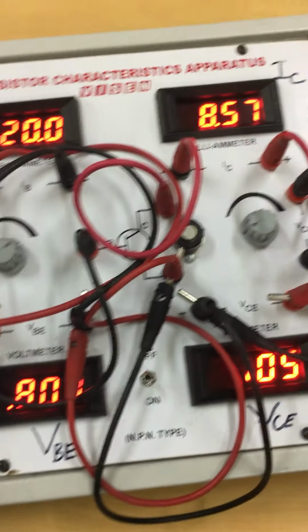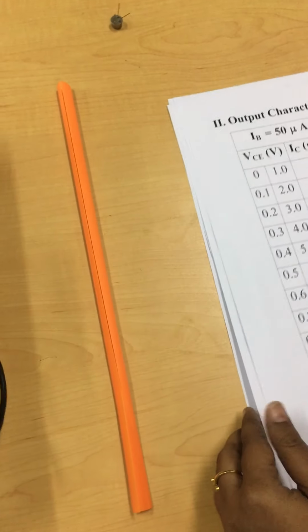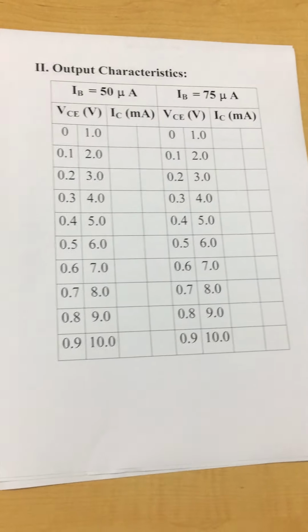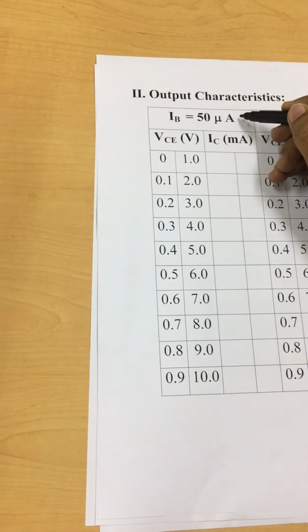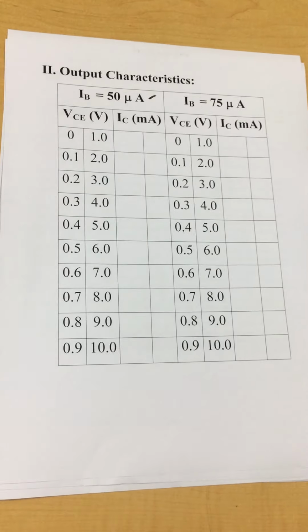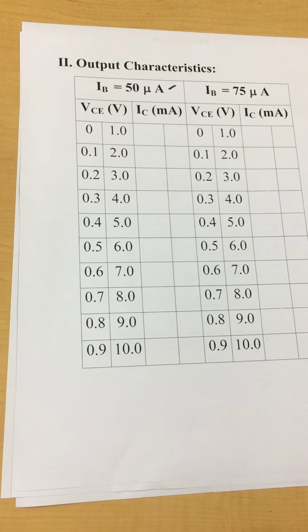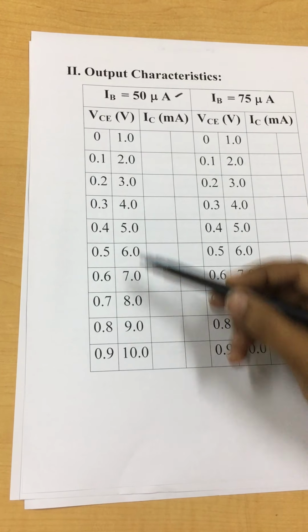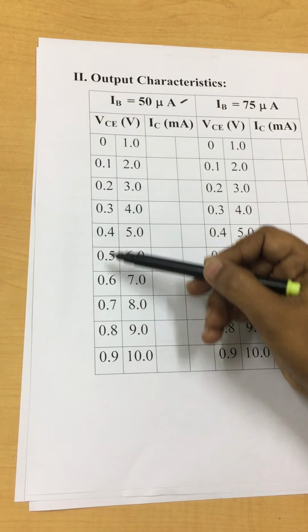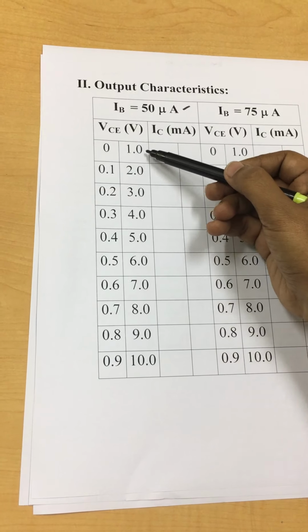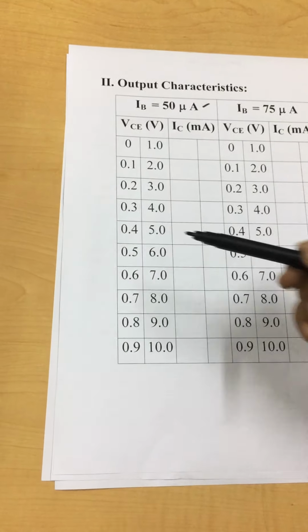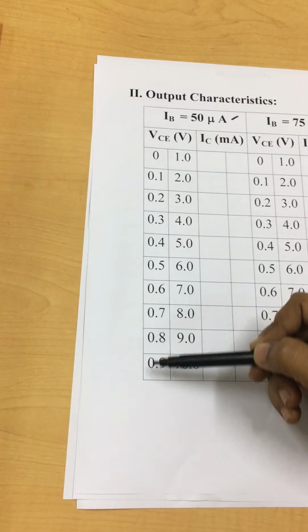Now coming to the output characteristics. What does the tabular column say here? We have to keep the base current IB equal to 50 microamps. I have to vary VCE. In steps of 0.1 I'll vary initially, and after that I'll increase in steps of 1 volt. So 0.1, 0.2, 0.3 until 1.